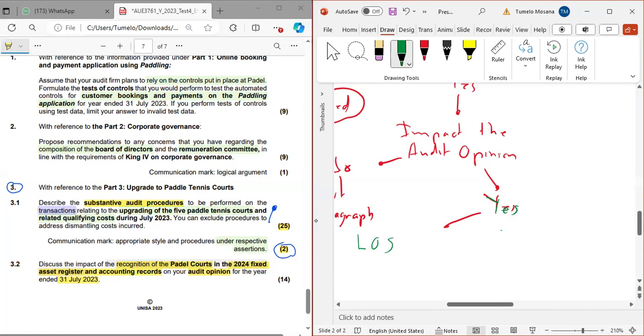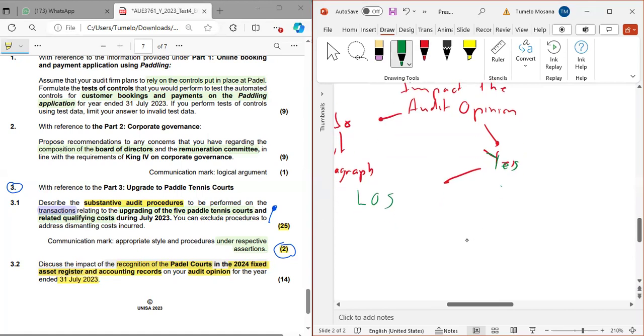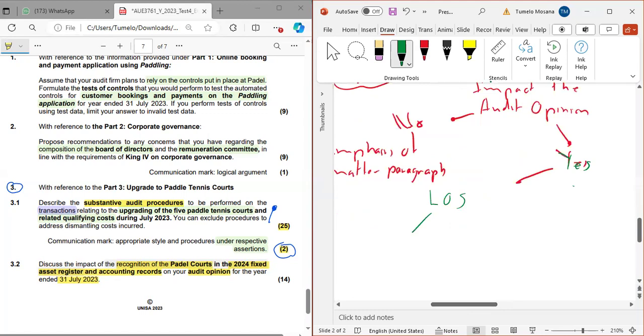So if there is uncertainty, you have to branch it further. If it is only material, you would issue a qualified report.